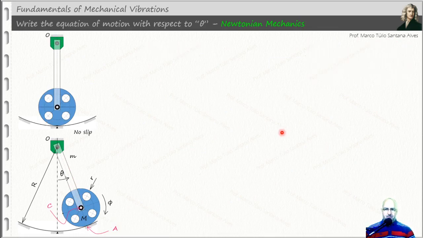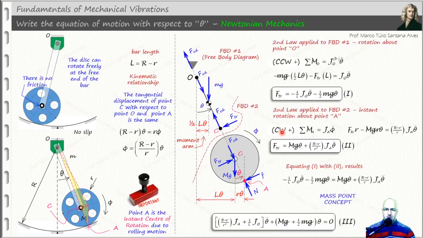Now I really forgot to show you the mass moment of inertia here. J_A and J_O need to be calculated.